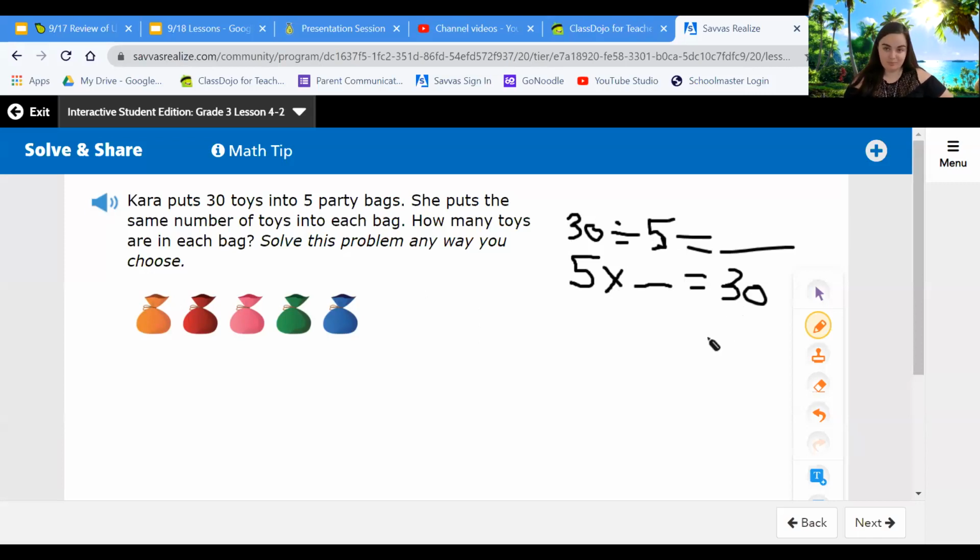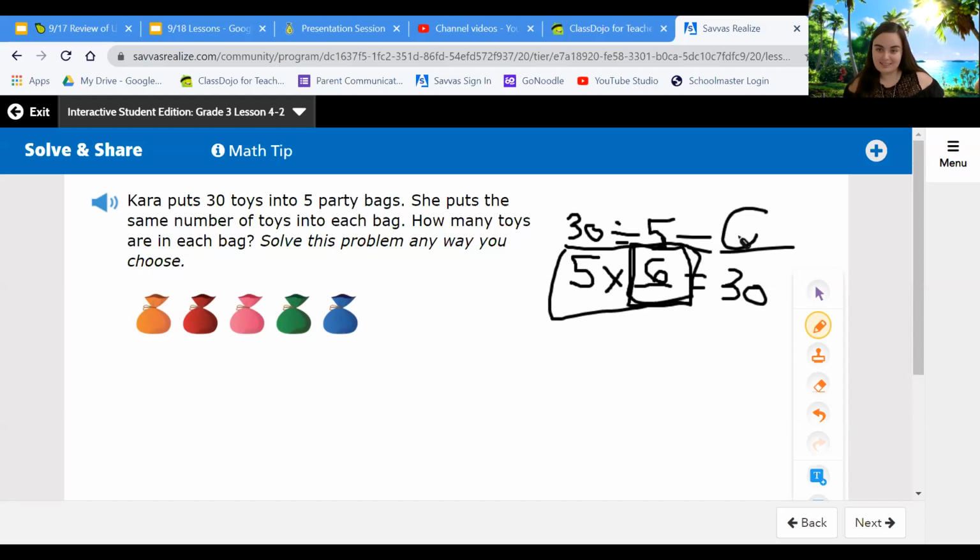equals something. There's several different ways we could do this. If I already knew my facts of 5, going 5, 10, 15, 20, 25, 30, I know that 5 times 6 equals 30. So by knowing my 5's facts of 5 times 6 equals 30, I know that 30 divided by 5 will equal how much?